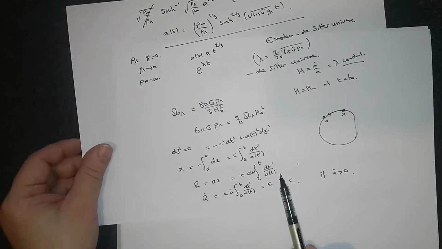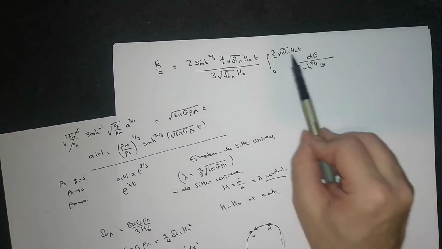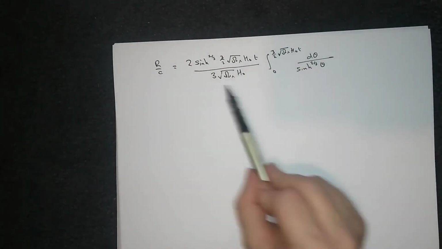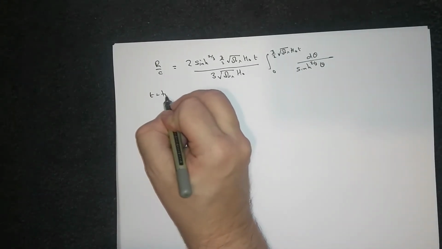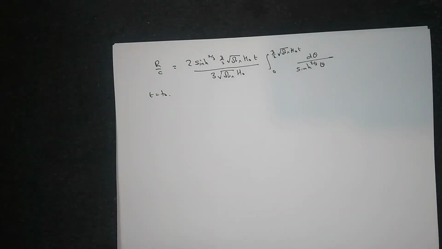So what I've done is substituted this thing into this equation. I've made a change of variables just to make this thing slightly nicer, and that brings out this factor out here. Okay, we're going to take t equal to t naught, the current time.